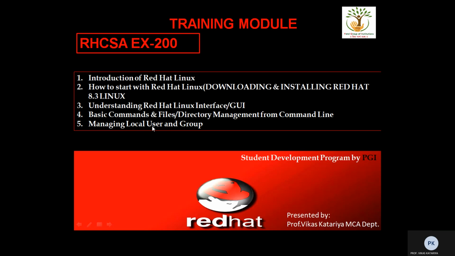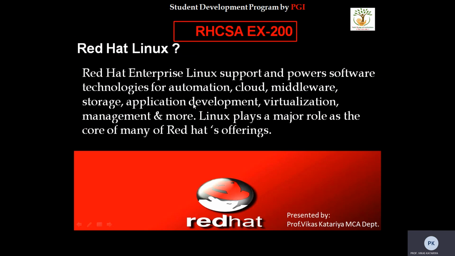So management of local users and groups we will understand in the fifth topic. These are the five points which we are going to cover in day first and day second. This is day first, in which we are going to cover the first and second. So let's start our session.